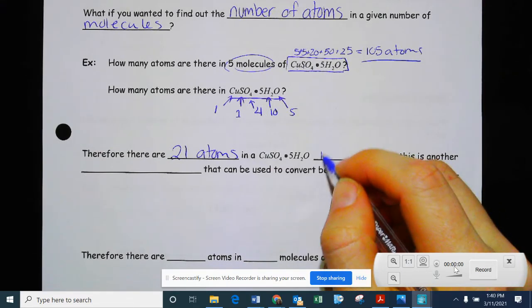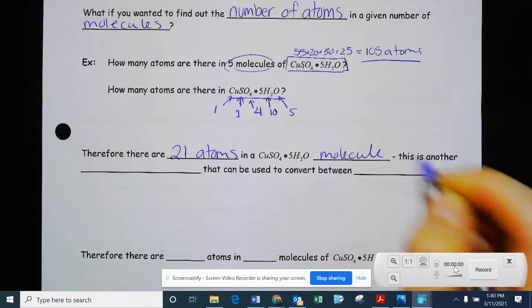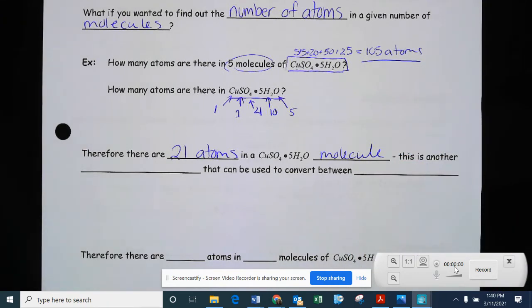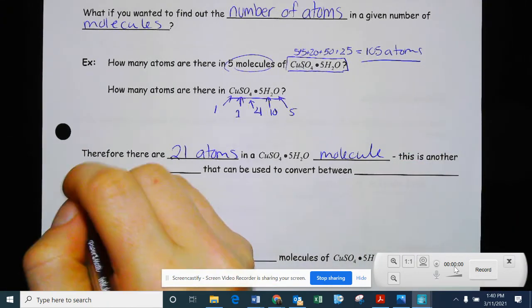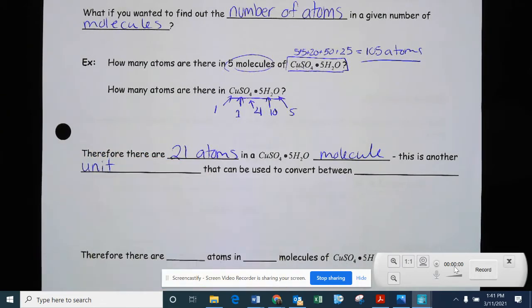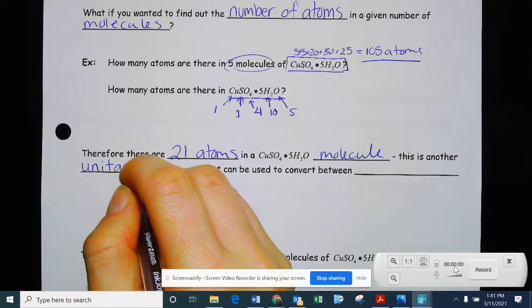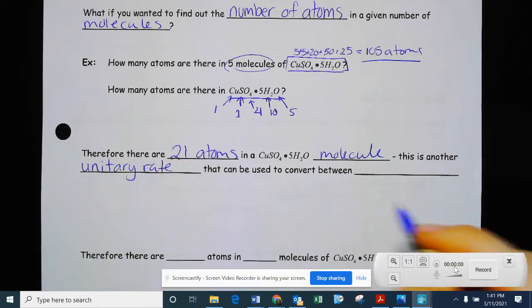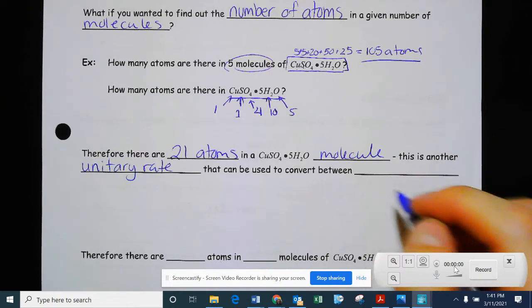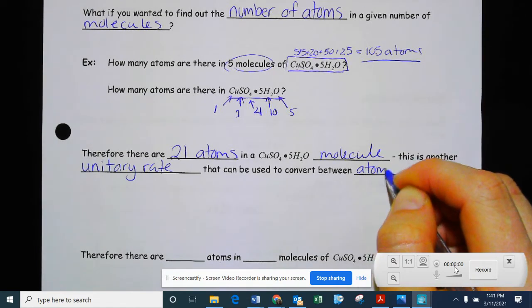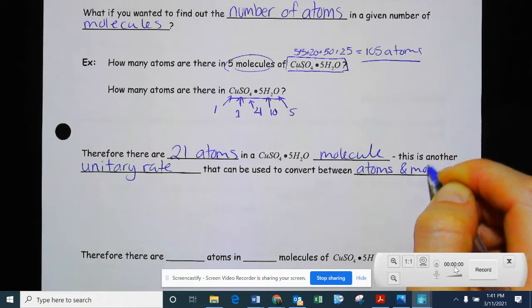In this molecule. So this is another unitary rate. Just like 22.4 liters for every 1 mole, this is a different unitary rate that we can use to convert between atoms and molecules.